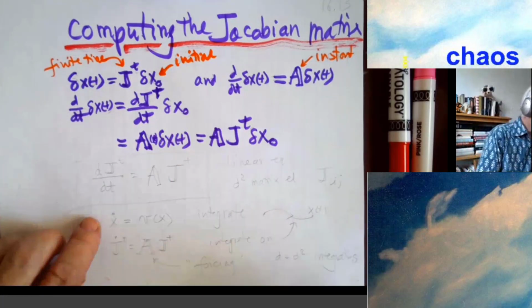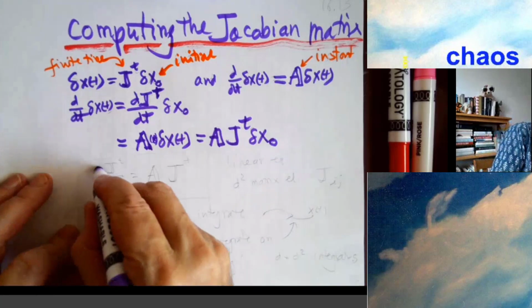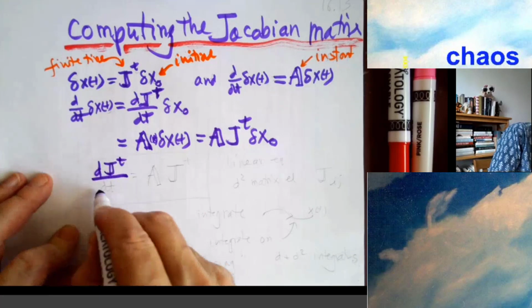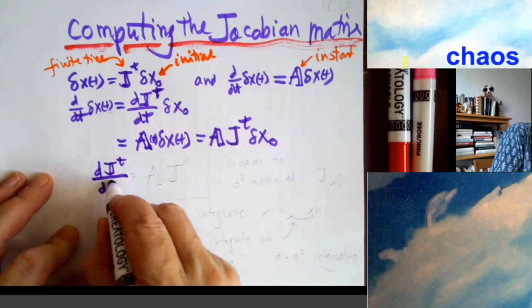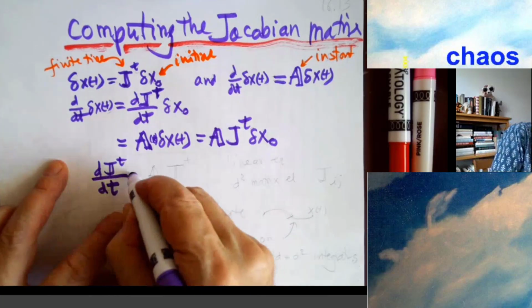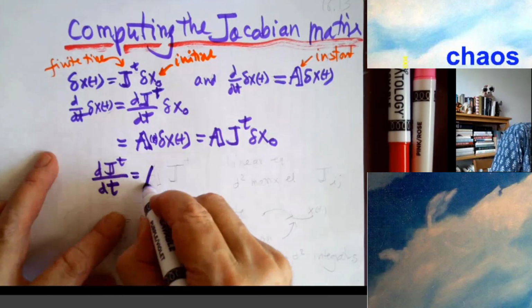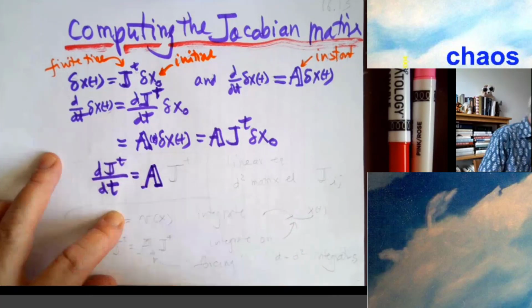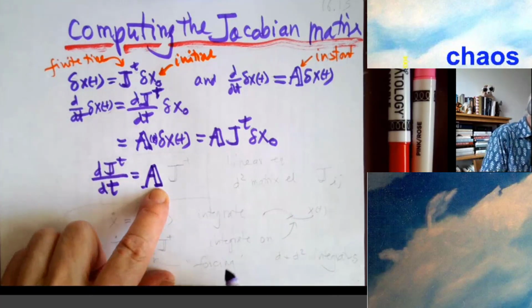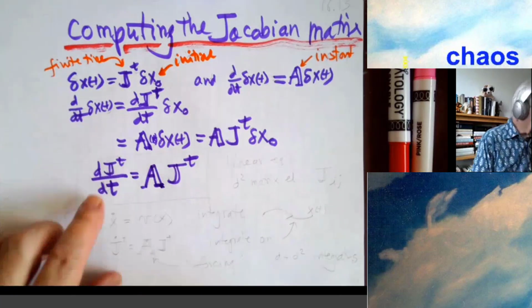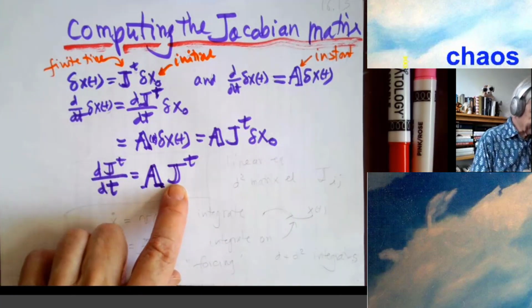In other words, the derivative of the Jacobian matrix of my trajectory at every time satisfies my local information, which I know, A, evaluated at time t, multiplied by the matrix.